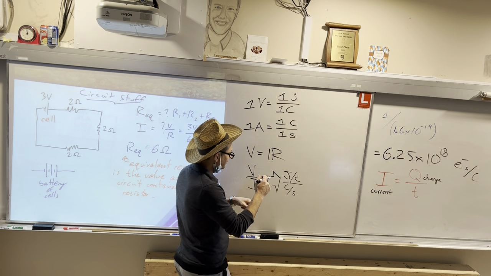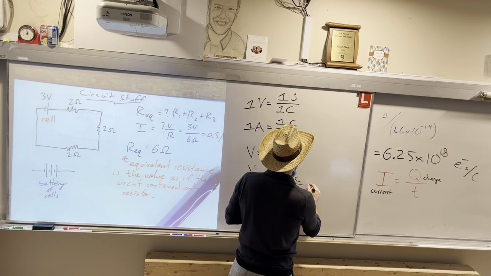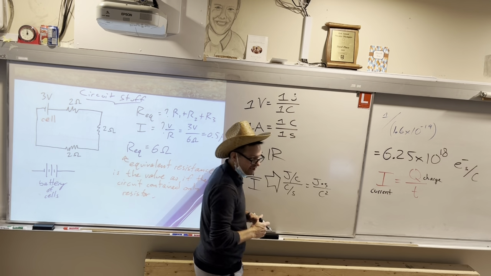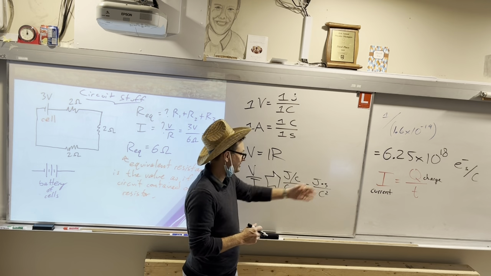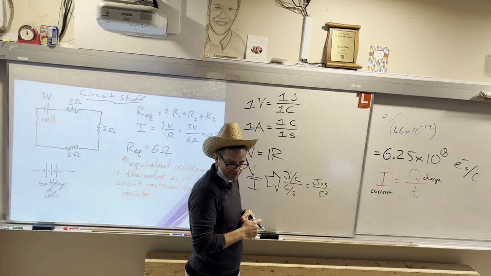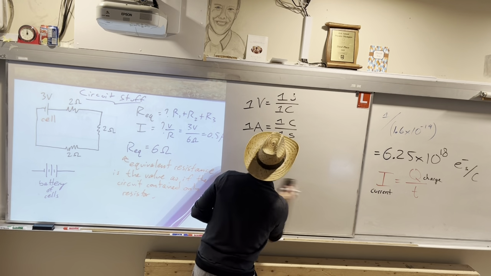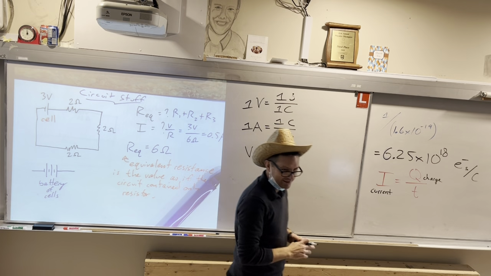Yeah, it would be joule second per coulomb squared. It's not particularly helpful, but that's what an ohm is. That's just confusing. I wouldn't worry about that part. Just forget that exists.